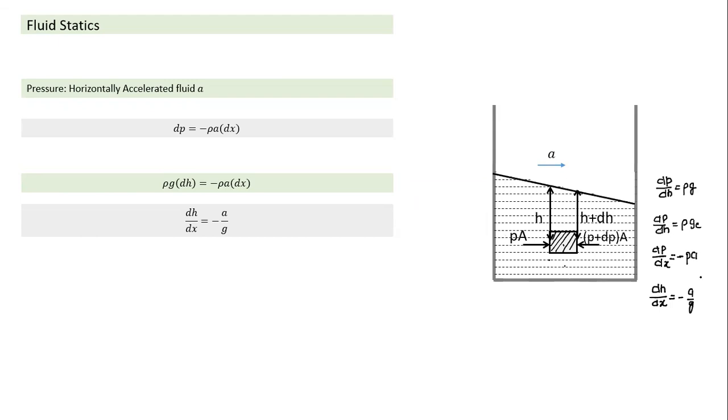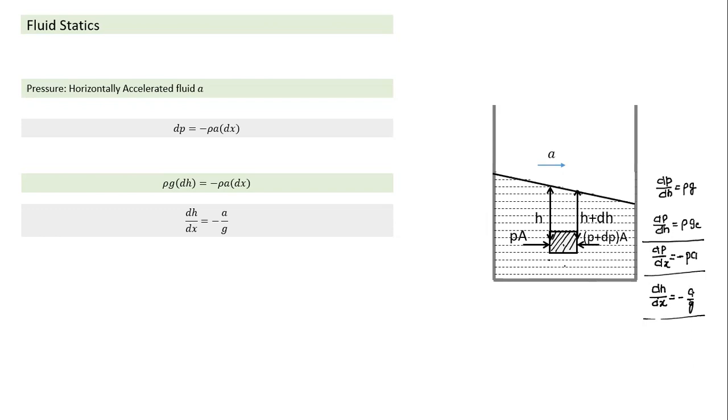So these are the four relevant things: variation of pressure in the vertical direction, variation of pressure in the horizontal direction in case of accelerated liquid, and the slope of the liquid surface when it is accelerated. As A increases, the slope keeps increasing. If we give an acceleration equal to g, the slope will be 45 degrees.